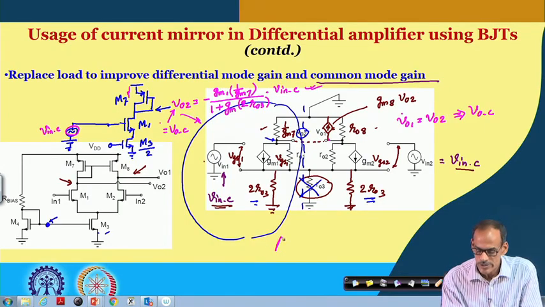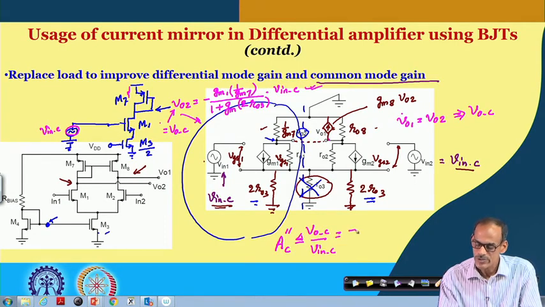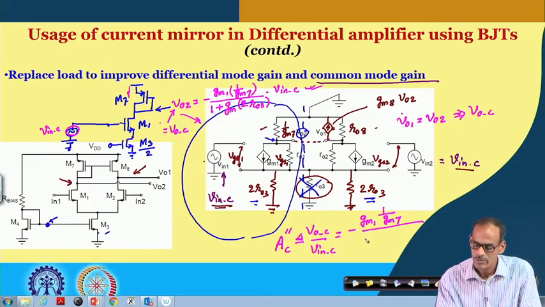and hence the corresponding common mode gain, if I say AC double dash, which is defined by VOC divided by V in C. So, that is equal to minus Gm1 multiplied by 1 by Gm7 divided by 1 plus Gm1 multiplied by 2 times RO3.